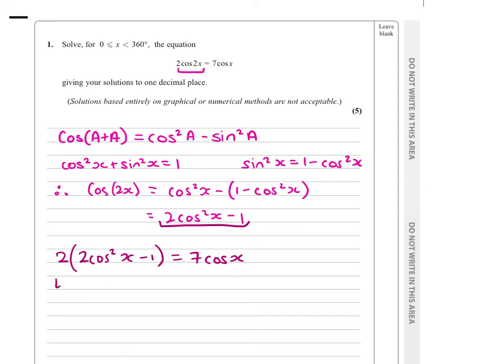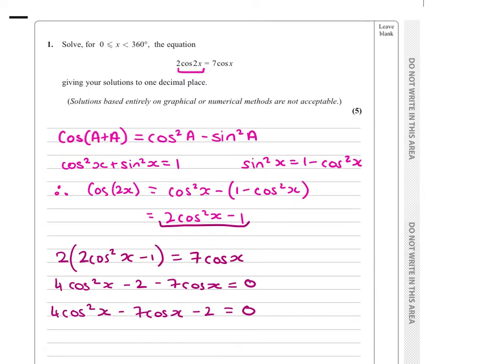Multiply it out, I'm going to get 4 cos squared x minus 2 minus 7 cos x equals 0. So I'm going to have 4 cos squared x minus 7 cos of x minus 2 equals 0. What do I have here? A quadratic equation.